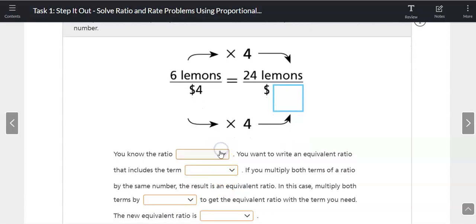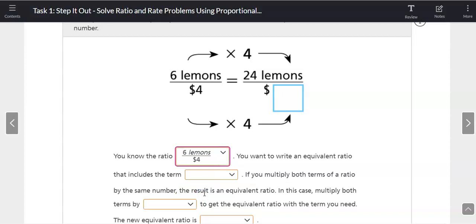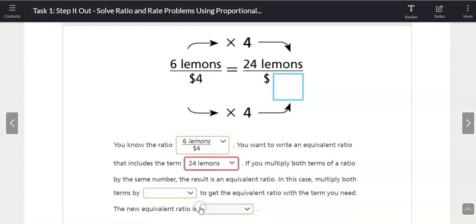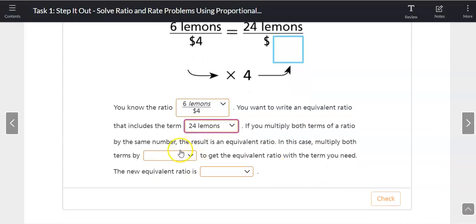So you know the ratio, 6 lemons is $4. You want to write a ratio that includes the term 24 lemons. If you multiply both terms of a ratio by the same number, the result is the equivalent ratio. In this case, multiply both terms by 4 because that's how you get from 6 to 24.